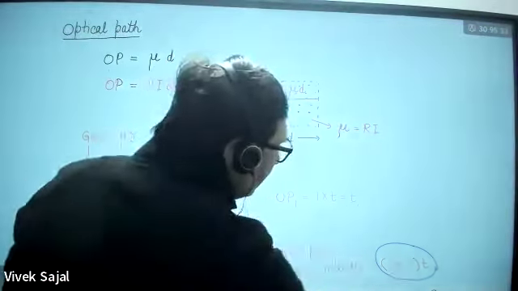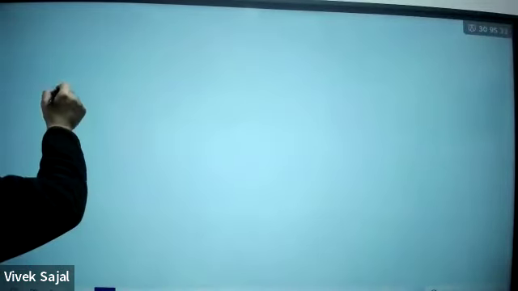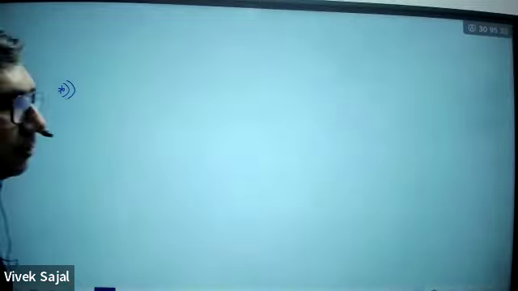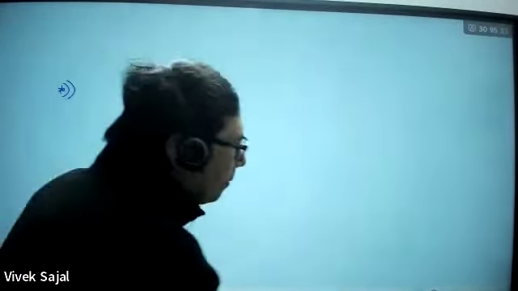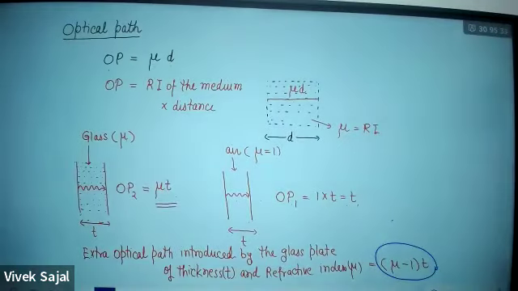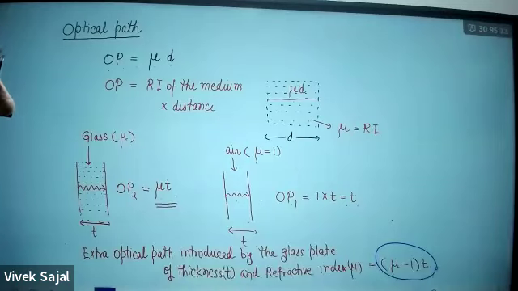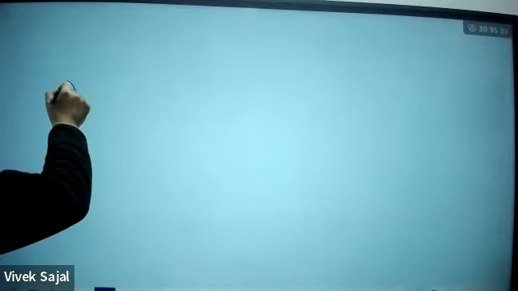So now come to the Young's double slit experiment. Now, this is my Young's double slit experiment.